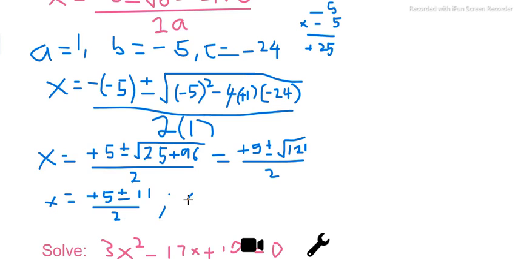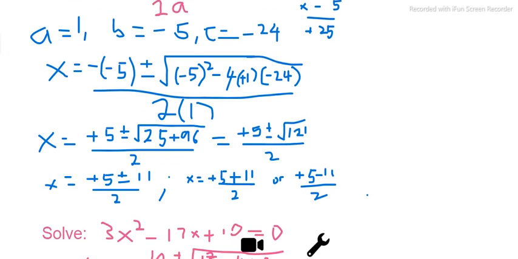The first one, x is plus 5 plus 11 over 2. The second one is plus 5 minus 11 over 2.